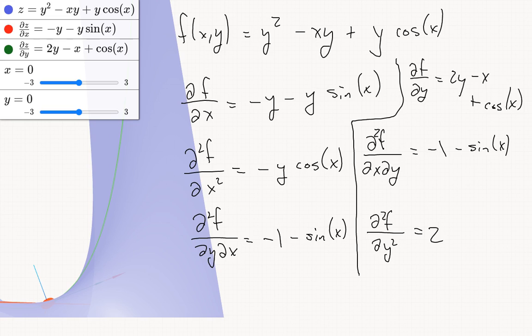And so notice that we got the same answer when we did ∂²f/∂y∂x versus ∂²f/∂x∂y. So we got the same answer regardless of which order we differentiated when we did x and y.